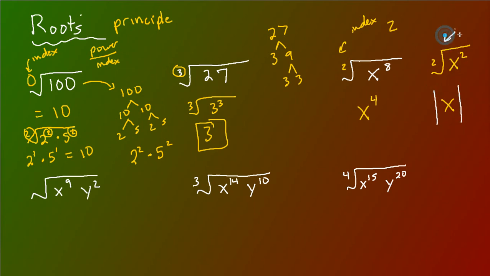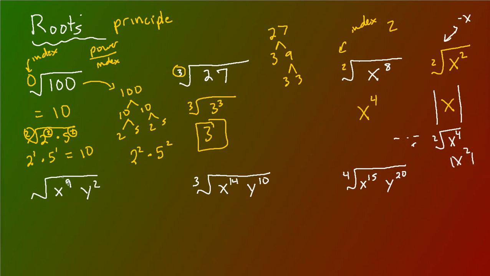Because I could have negative x as one of my answers. I don't need to worry about that if, however, this happens. So the square root of x to the 4th is x squared. Well, that squared already takes care of the negative because a negative times a negative is a positive, so I don't need to do absolute values there.